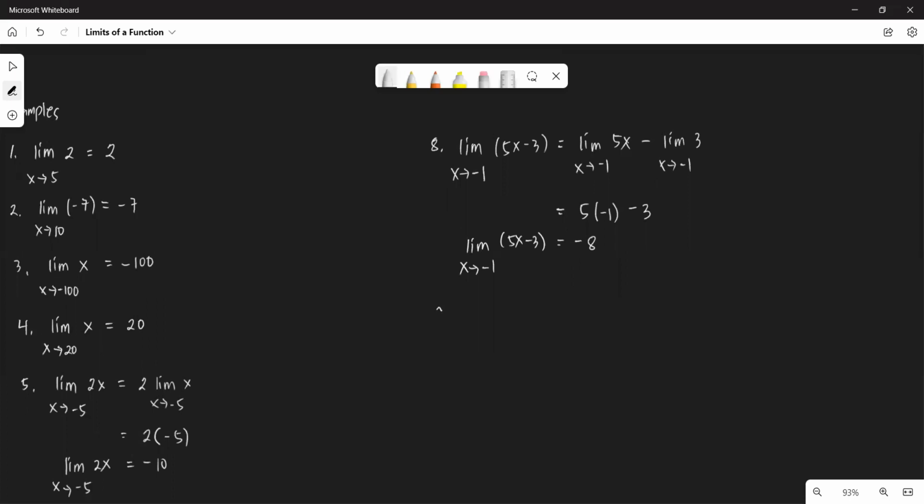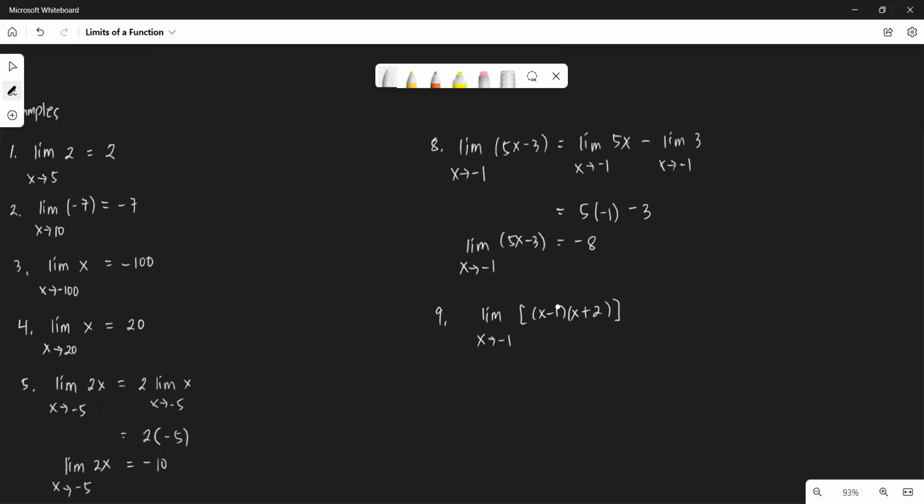So we continue. What if the given is a product of two functions? So the given is x minus 1 times x plus 2, for example. You have two options.